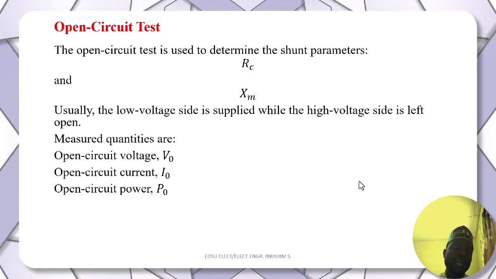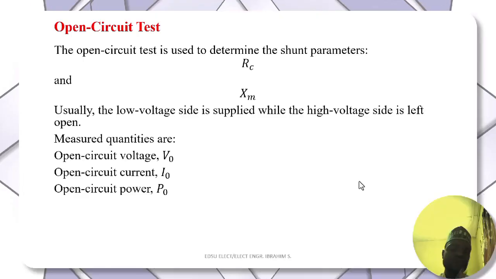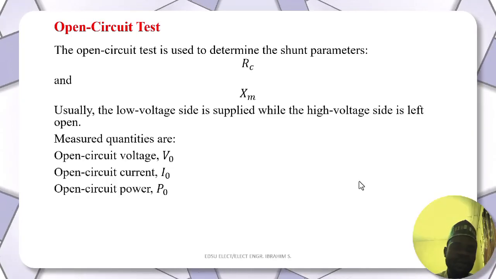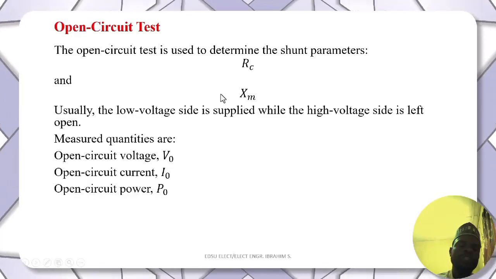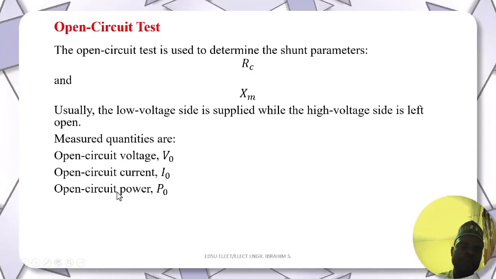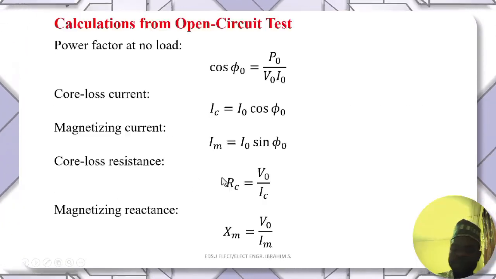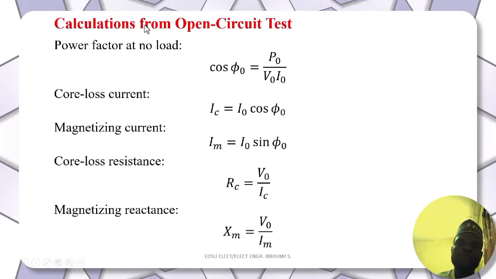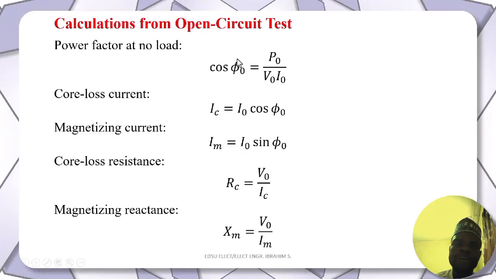It means the primary side is connected while the secondary side is open. So the measured quantities are open circuit voltage, open circuit current, and open circuit power.